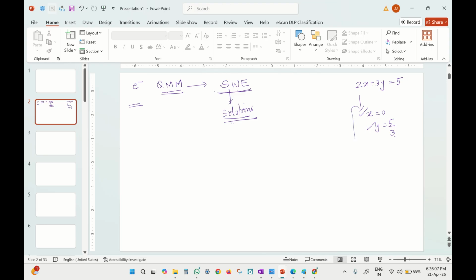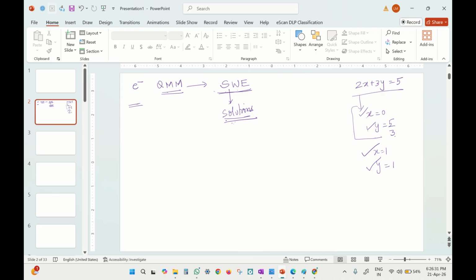I'll state the solutions of this equation in terms of x and y. If x is equal to 1, then y is equal to 1. So I am stating the solution by quoting what is x and what is y, correct? The infinite solutions are going to be quoted in terms of x and y.